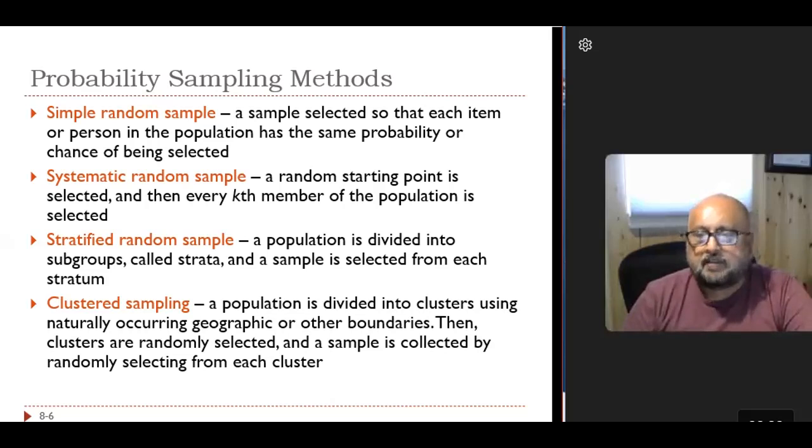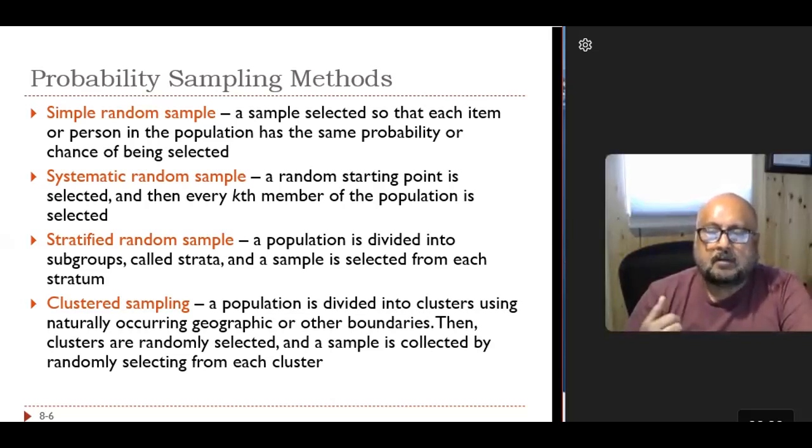Stratified. In this, the population is divided into groups, and the other name of the group is strata. Strata is the name for the group. So we divide into groups or strata, and random samples are taken from each of them. Okay.